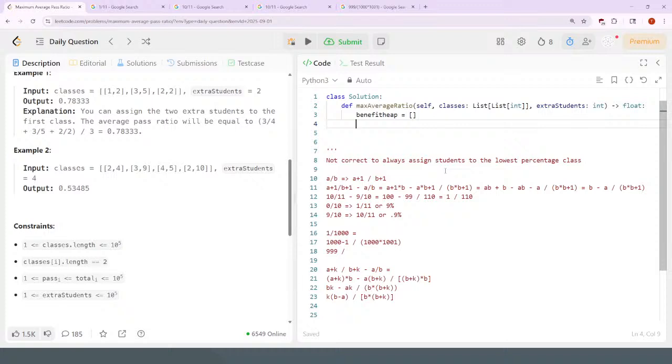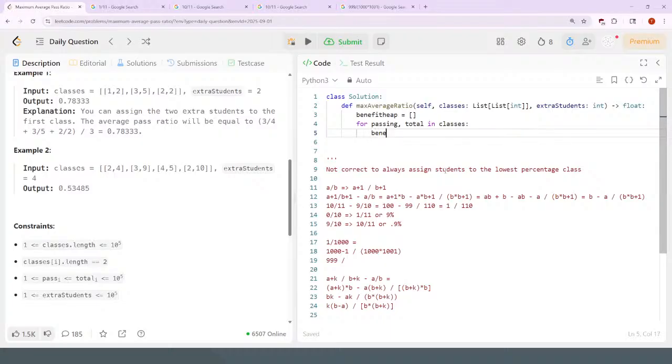So I think for every class, which has passing and total, the benefit of adding another student that's passing to the class would be given by this formula.